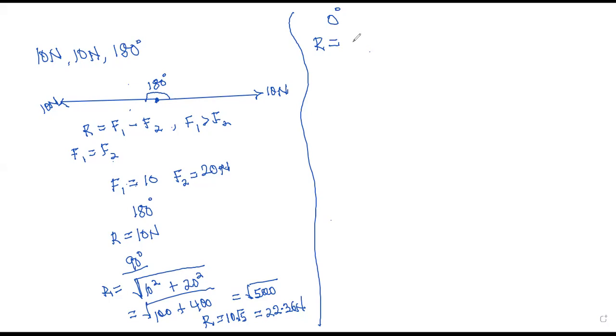So here we have 10 plus 20, so we have 30. Then what's the last? When theta is 45, what will be the resultant? Quickly do that and then share it with me.